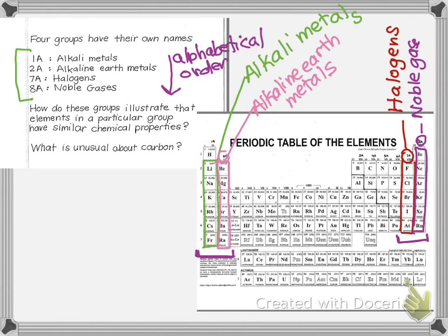And these 2 questions, how do these groups illustrate that elements in a particular group have similar chemical properties? We'll talk a little bit more about that, but if you want to look in your book, or on YouTube, just Google alkali metals, which is the first group, in water, and you will see how crazy it is. They all react with water violently, but as you go down the periodic table, it's even more and more violent.